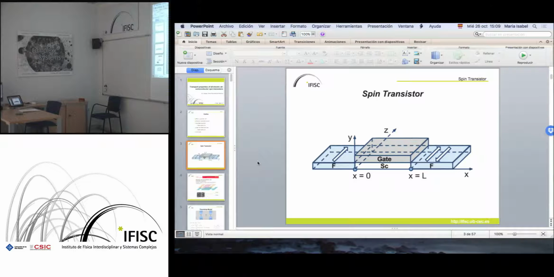You will then, for example, use spin up or spin down. This is how a spin transistor works.